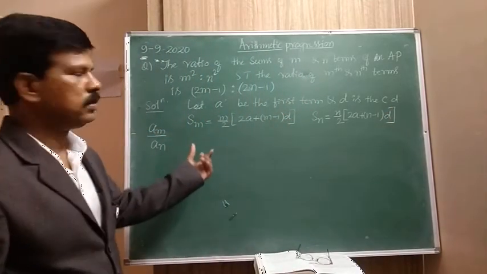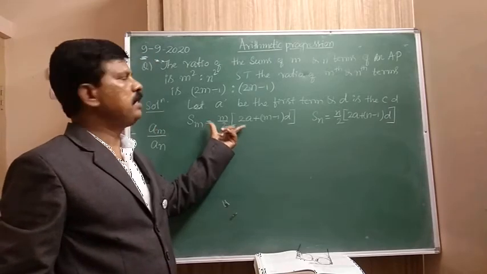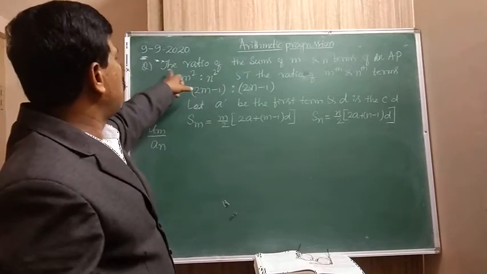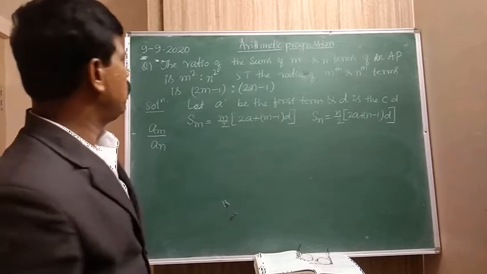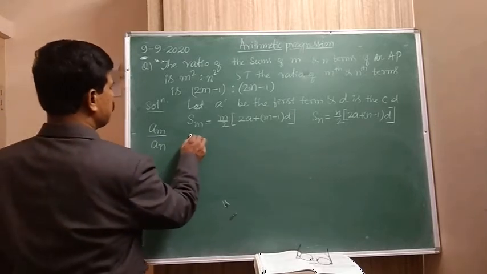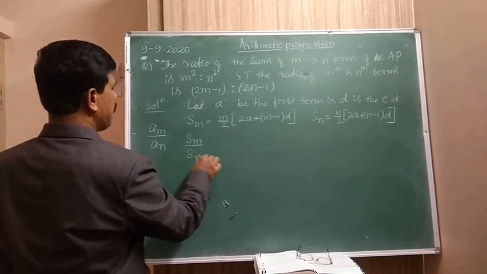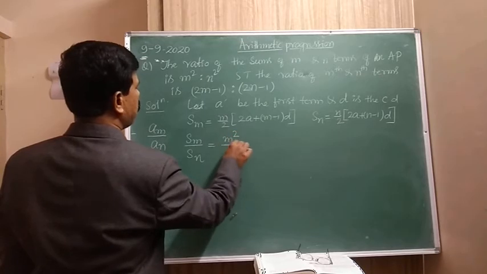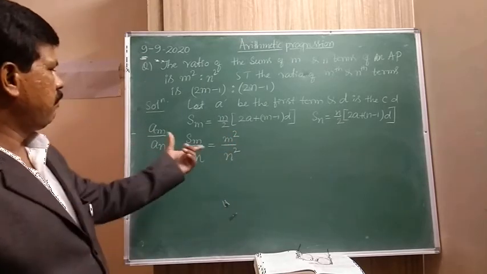Got it? Here, this is the sum to m terms and this is the sum to n terms. The ratio of the sums of m and n terms of an AP, that means Sm by Sn, is given as m square by n square. This is what they have given.